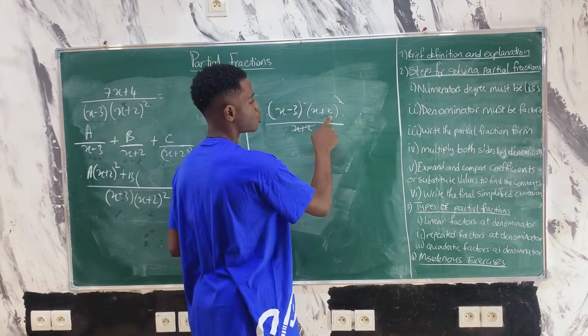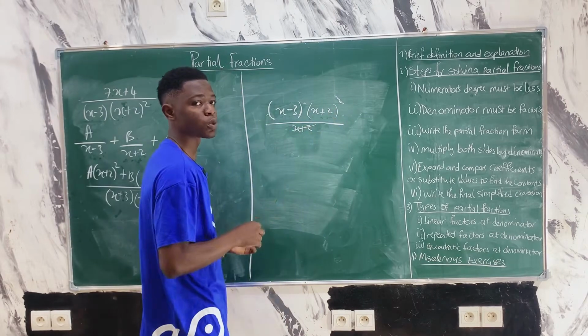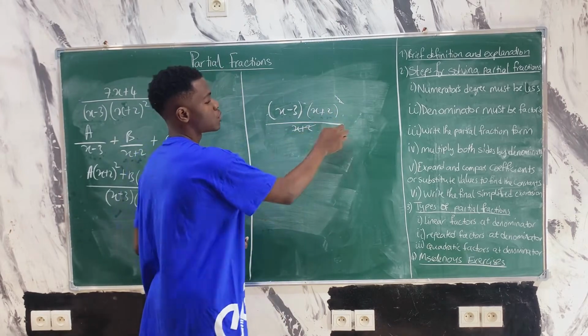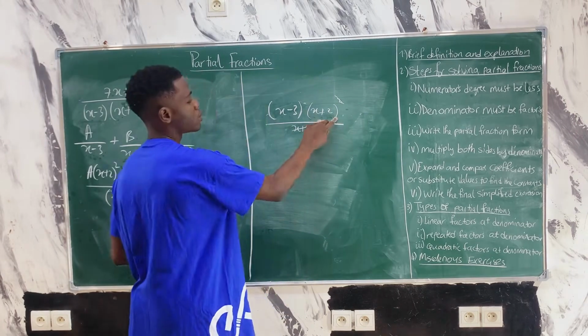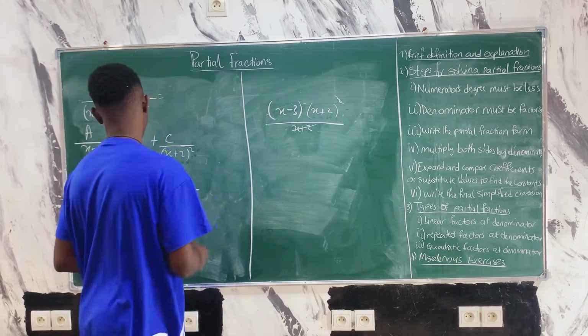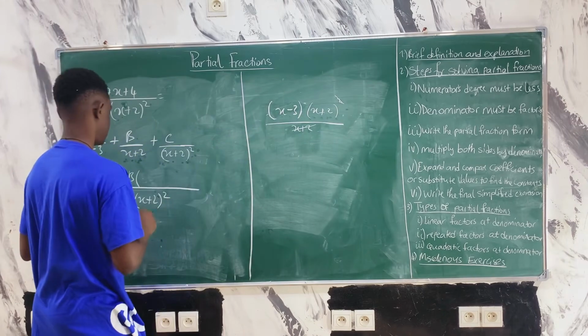Remember, x plus 2 squared means x plus 2 times x plus 2. So it will cancel one x plus 2 and be left with just x plus 2. So the answer will be B times all of this.